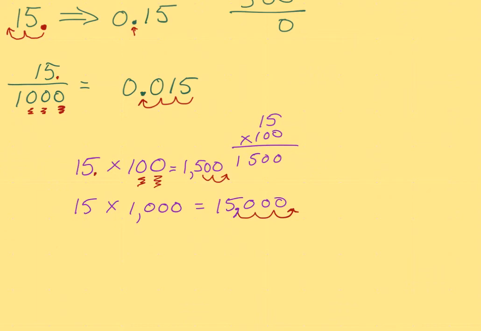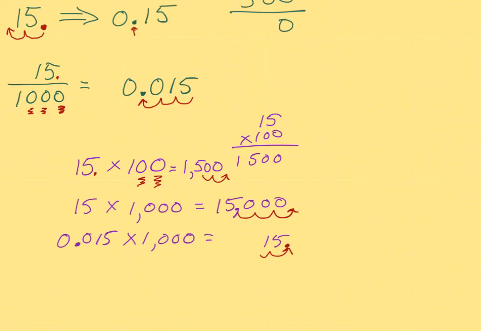Say if we started with 0.015 and multiplied by 1,000. Well, let's go ahead and write it here. We're going to move the decimal point 1, 2, 3 places. So the decimal point is now here. So we now have some whole numbers. To the left of the decimal point, we don't need these zeros.